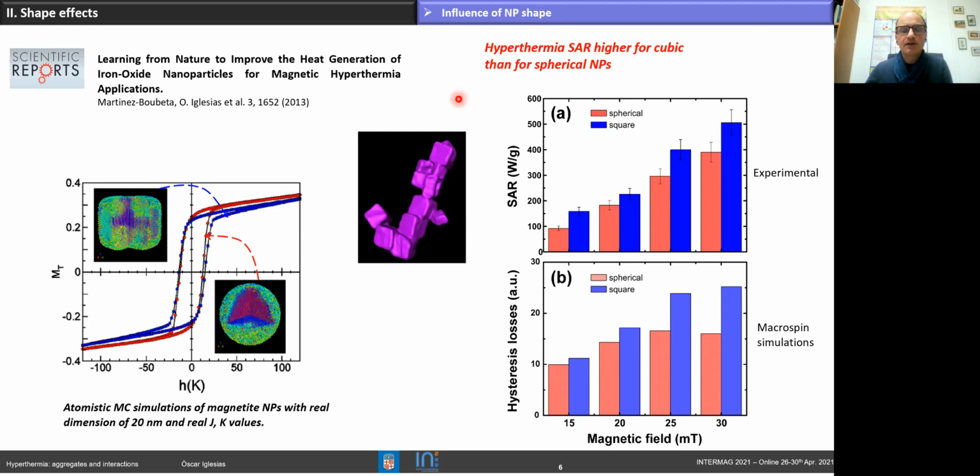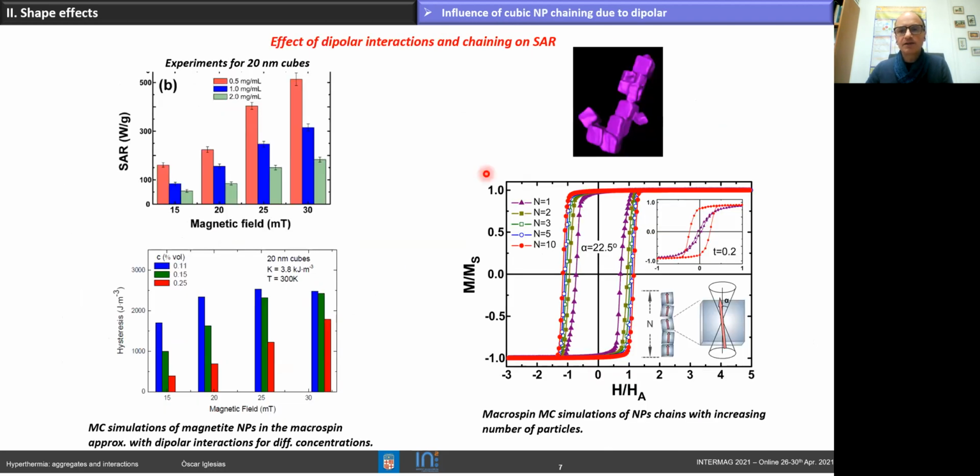As a first example, I'm going to show you that the individual properties of a particle matter. As we showed in this study, cubic particles heat much more than spherical particles of the same size, which is an individual particle effect. Moreover, we also saw that the cubic particles tend to form linear aggregates in the form of chains, whereas the spherical ones do not.